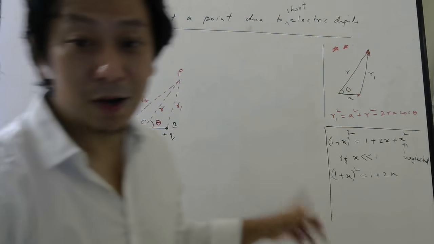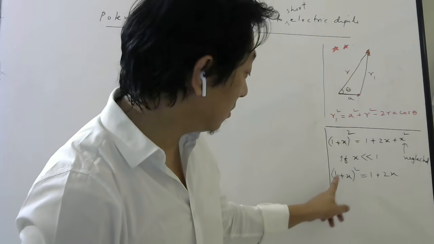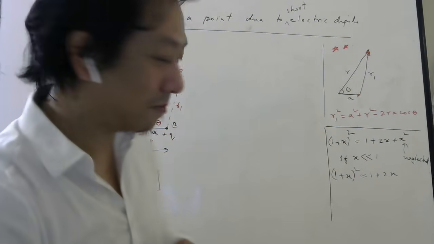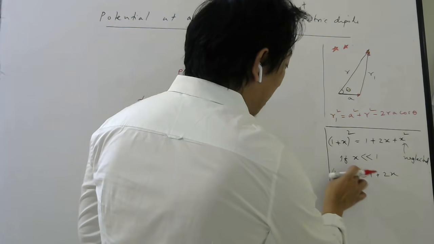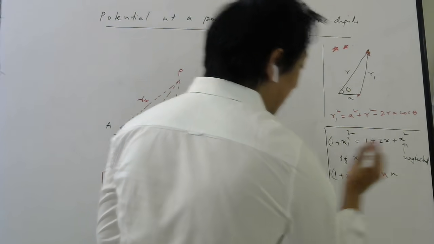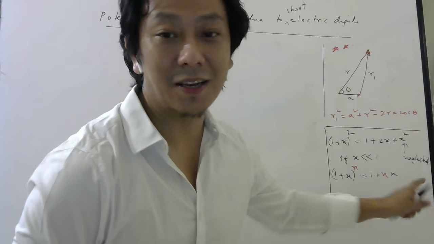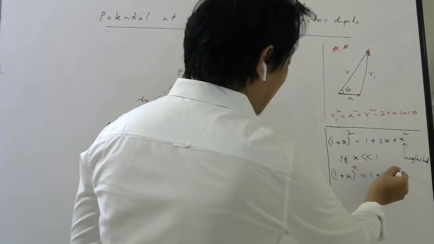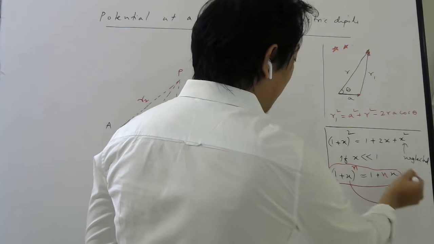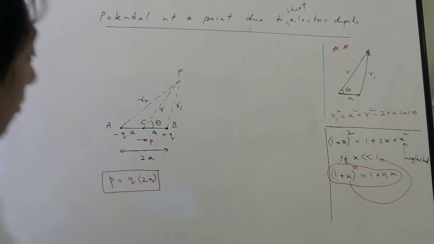But this is only allowed if x is very small compared to 1. Now you can make it general. If the power is not 2 but n, then you simply write n there. And if the power is minus n, you write 1 minus nx. So this is binomial expansion, provided your x is very small compared to 1. So this also you need to remember. Okay, so let us continue.